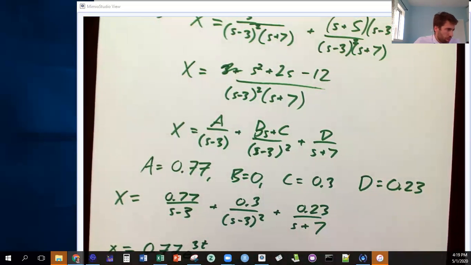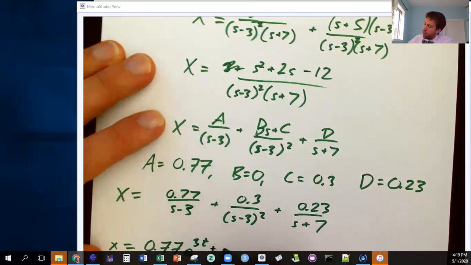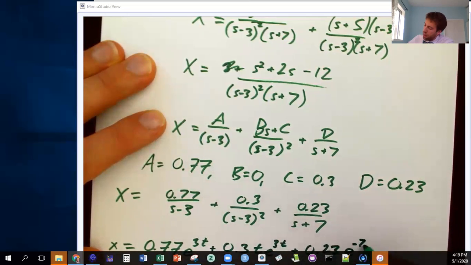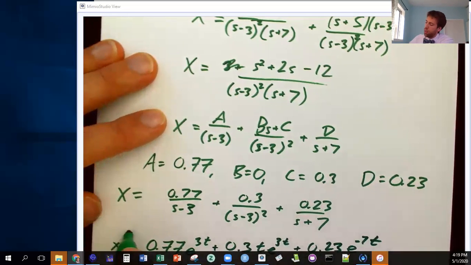I'm looking at the table. So here n is 1, because it's only 1 power of t. It's only s squared, so n is 1, and a is 3. So plus 0.3 t e to the 3t, and then plus 0.23 e to the negative 7t. There's your answer.